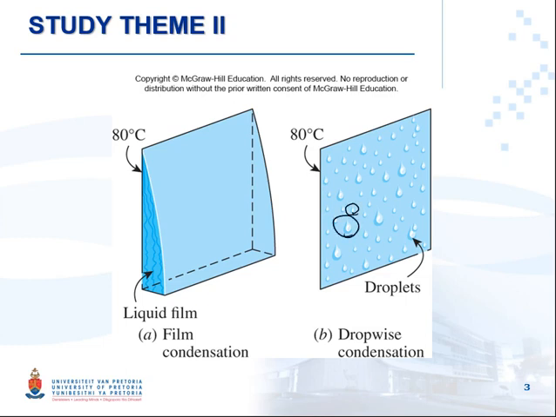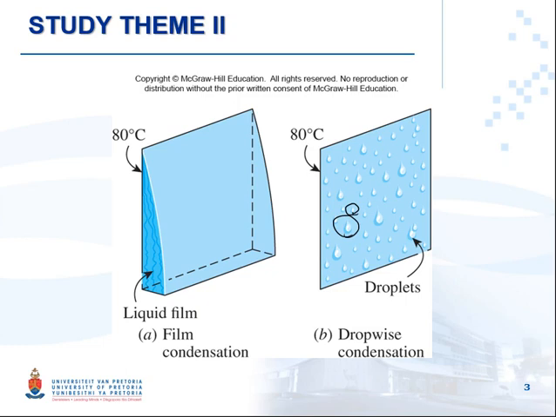You have seen it sometimes on windows or on car windows as well. But just to give you some idea, dropwise condensation has a much higher condensation heat transfer coefficient. We are going to talk about it later, but keep it as a rough estimation in your mind.